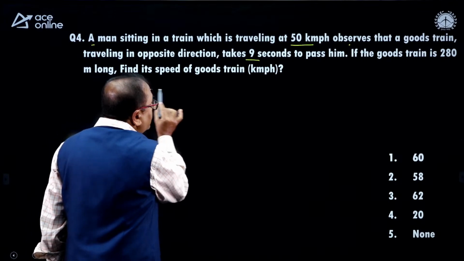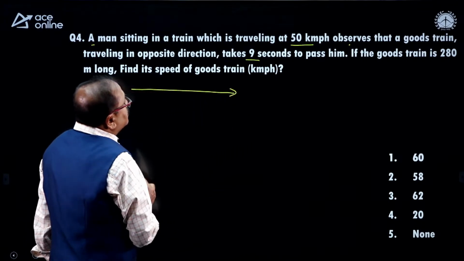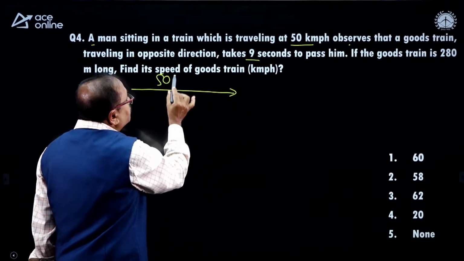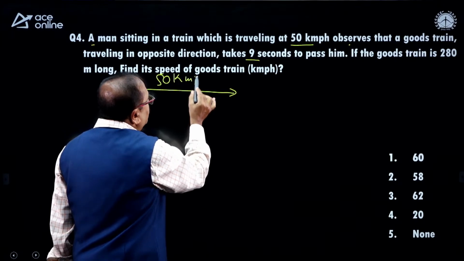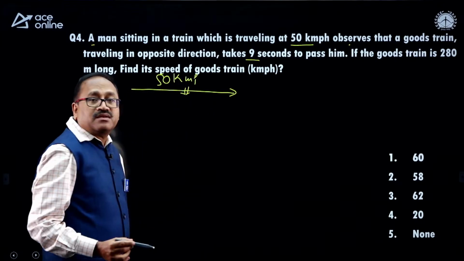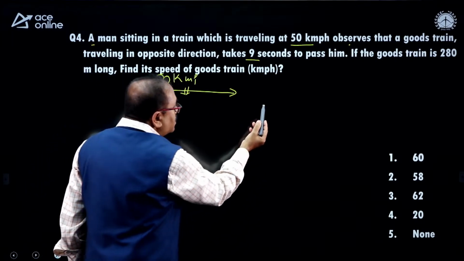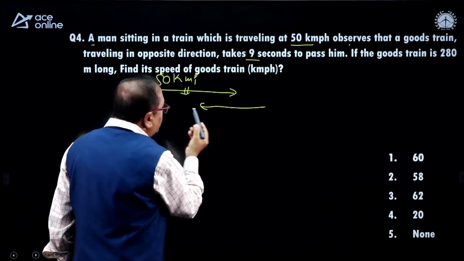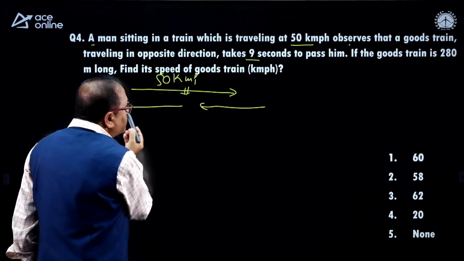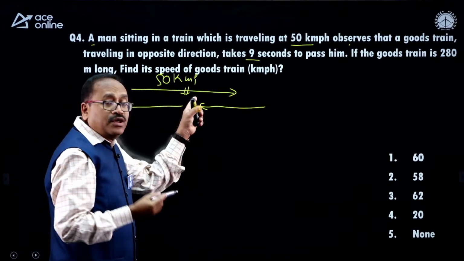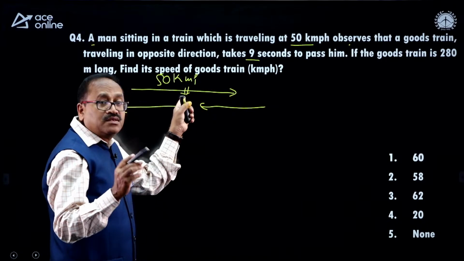This is a situation like this. A train, its speed is 50 kilometers per hour, right? The man is sitting in the train. A goods train comes and completely passes him, not the whole train, but the man.